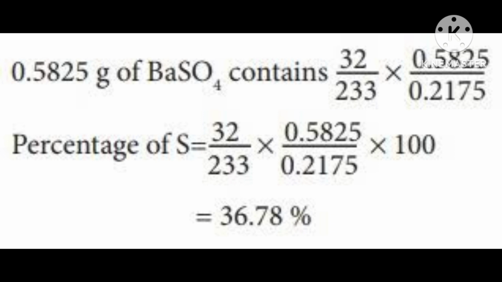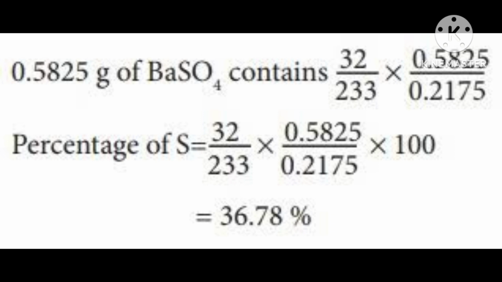So 0.12 gram silver bromide contains 80 into 0.12 divided by 188 gram bromine. This is the mass of bromine or bromide ion.